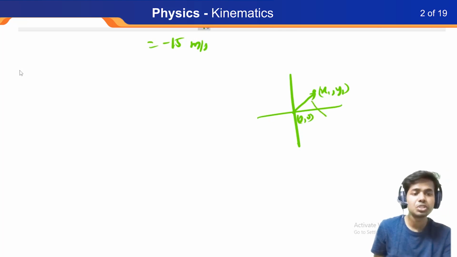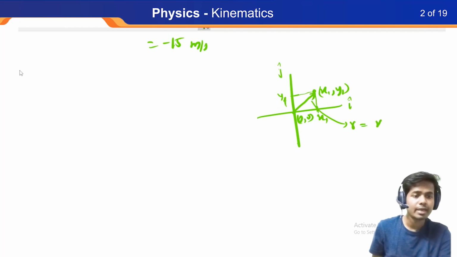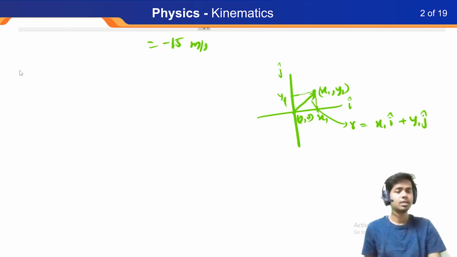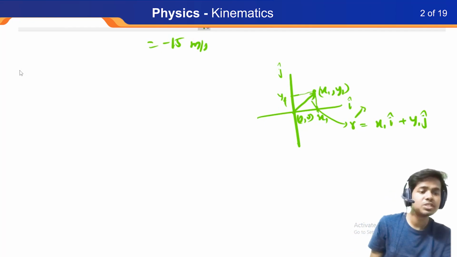So what the position vector for this case will be equal to? This is y1 and this is x1. In this direction you have i cap and in this direction you have j cap. So you can write it as x1 i cap plus y1 j cap, right? So this is the position vector.